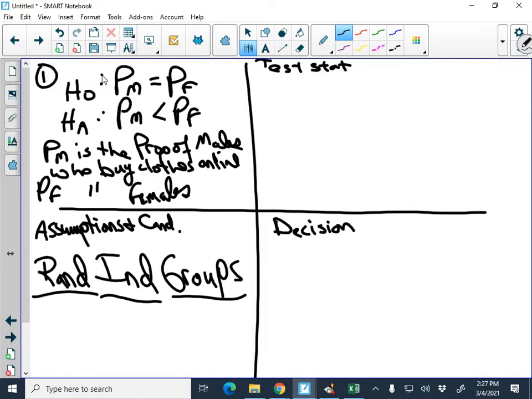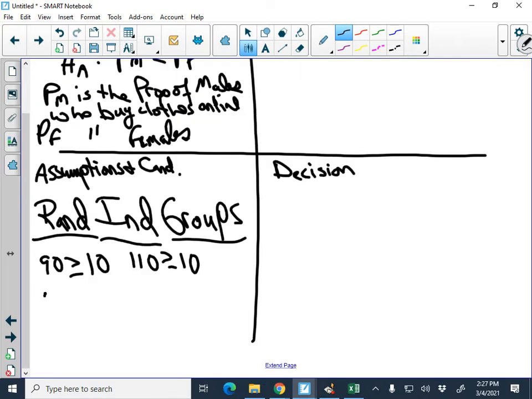The last point is a little more difficult. We're going to have to multiply, so you grab your calculator, and you take 200 times 0.45. You're going to find 90 males bought stuff online. That's bigger than 10. Then you can subtract, and there's 110 males that don't buy stuff online. That's bigger than 10. We multiply the females, and we get 142, which is bigger than 10, and 58 is bigger than 10.